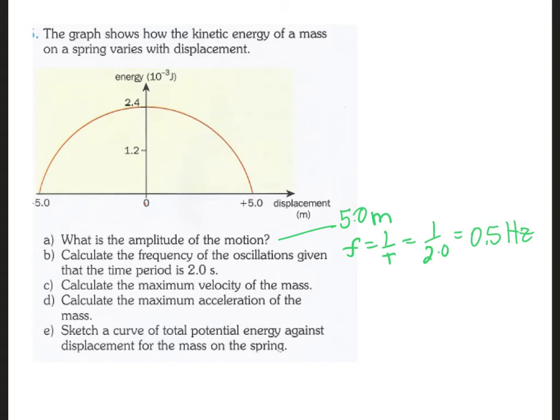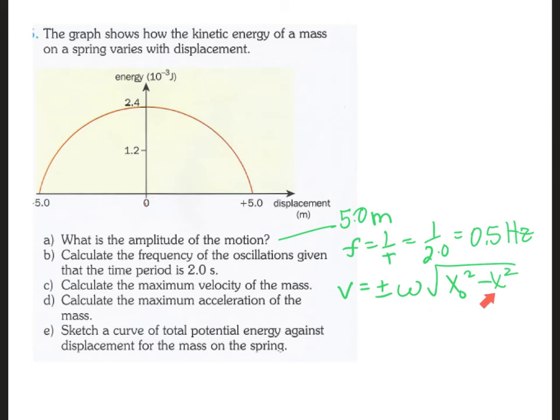Now the maximum velocity of the mass. Remember that equation I wrote at the beginning of this video. Plus or minus omega square root x naught squared minus x squared. What this is all about is, there's that angular frequency I've been just talking about. X naught refers to the maximum displacement, or the amplitude.